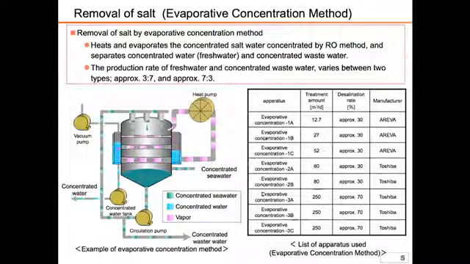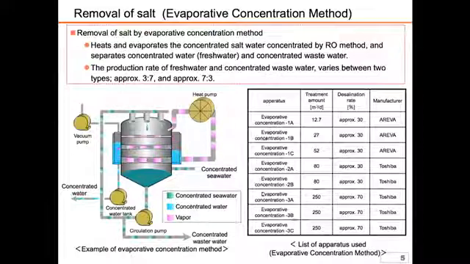Water treated through the RO membrane is divided into fresh water comprised of 40% of the total treated water, and the condensate salt water comprised of 60% of the total treated water. The condensate salt water is further evaporated by the evaporative concentration system, and then the fresh water and condensate wastewater will be separated. The condensate wastewater will be safely stored in the power station.